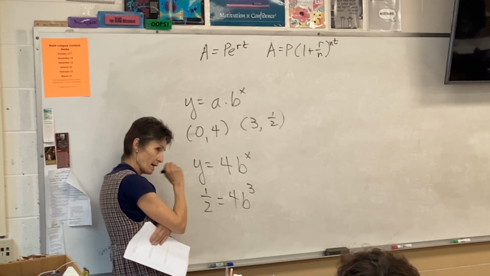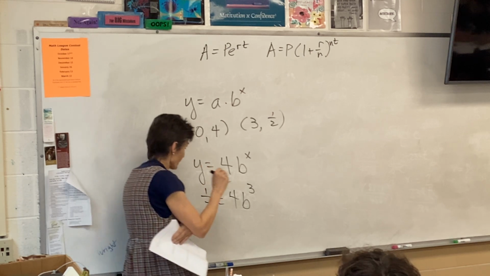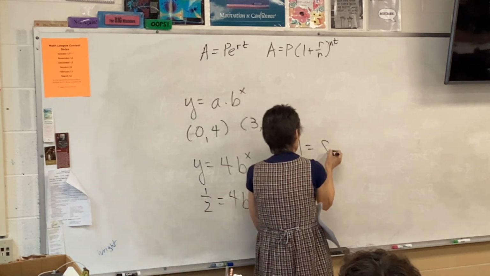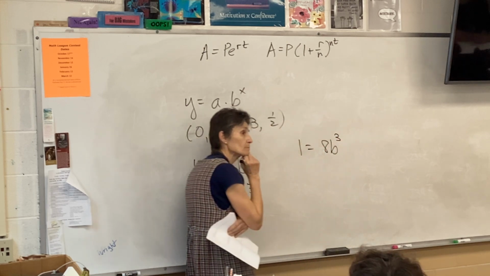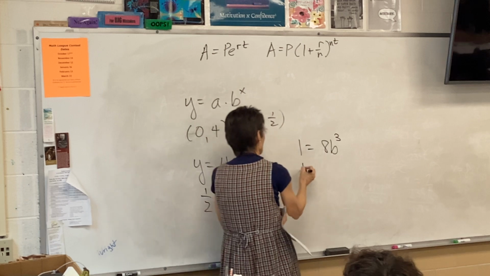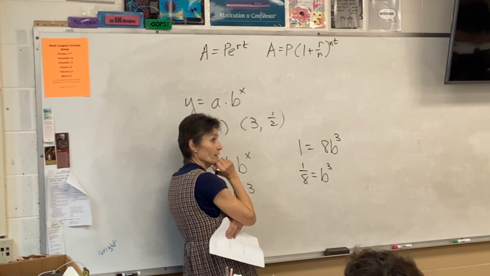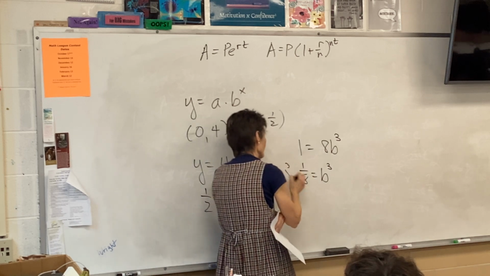So how about we times by 2 and get rid of the fraction? So 1 equals 8b cubed. Now we'll divide by 8, and then we will cube root.